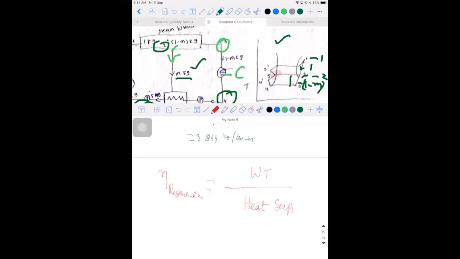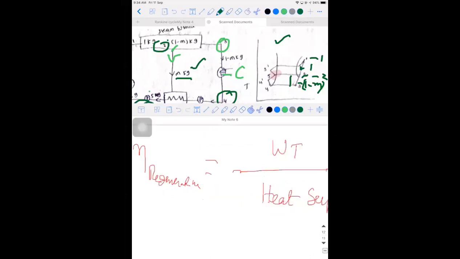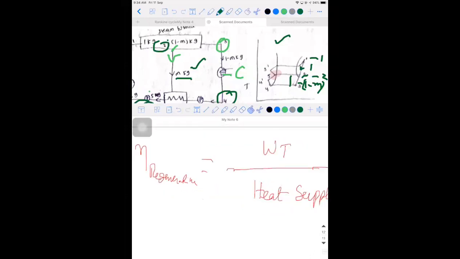Once again, for the regenerative cycle, eta R, I'm going to write.